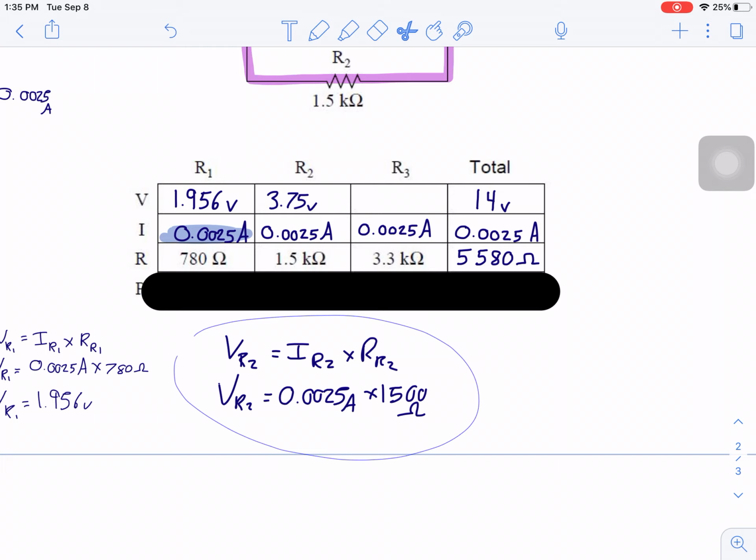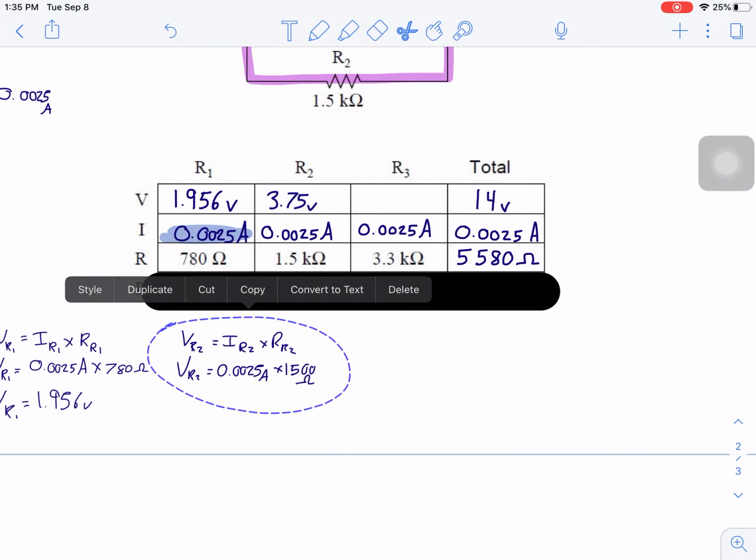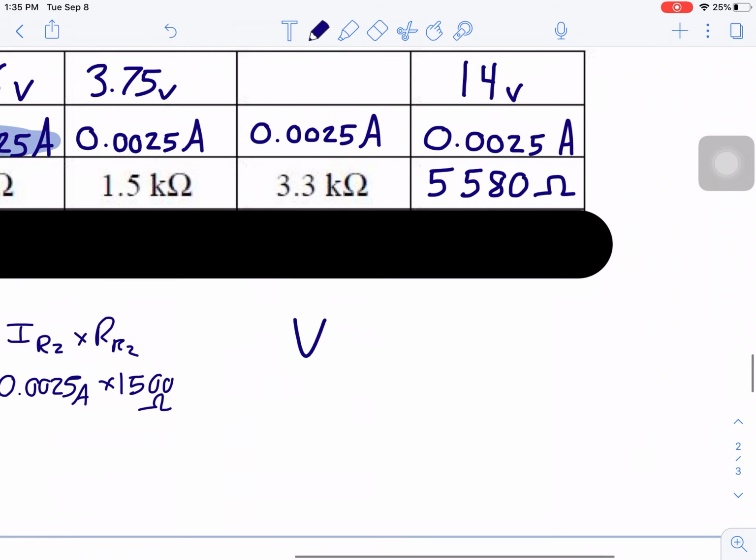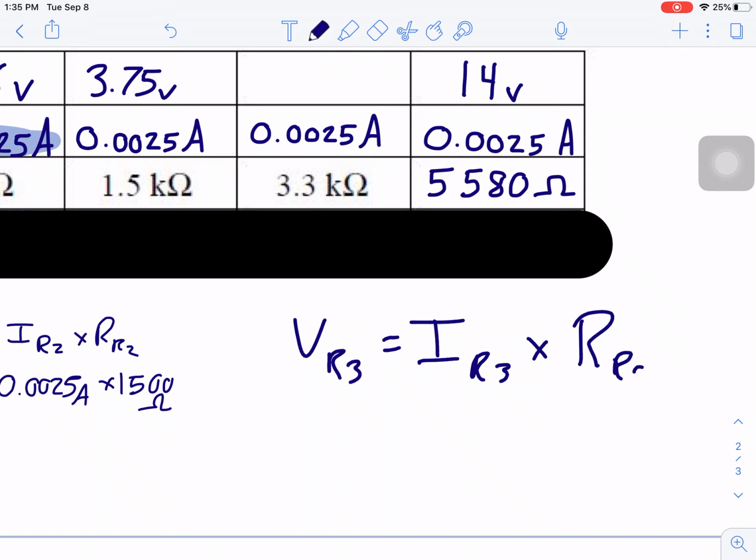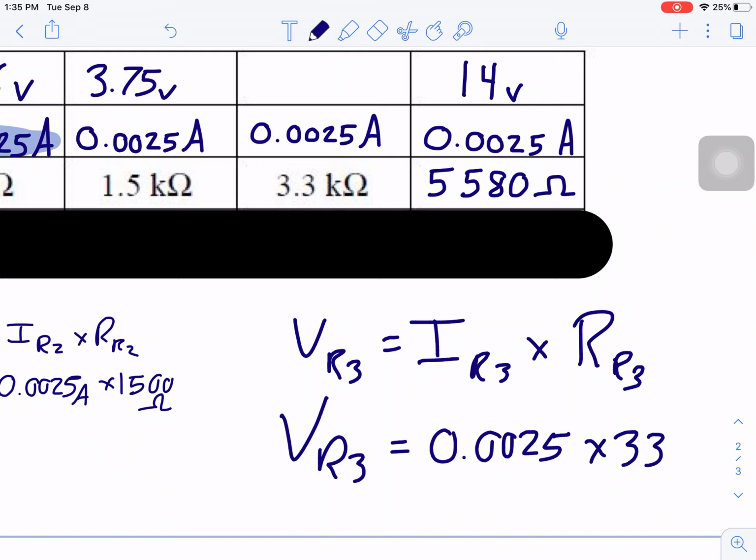And I'm going to do the last one here, just to be thorough. So for VR3, the voltage drop at R3, we're going to do the current at R3 times the resistance at R3. So if I'm showing my work, that's 0.0025 times 3,300, or 3.3K.